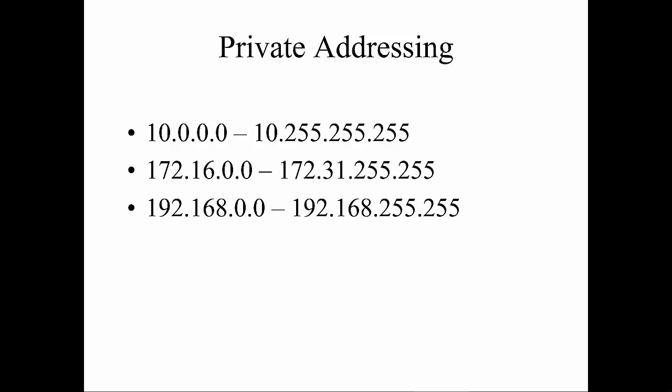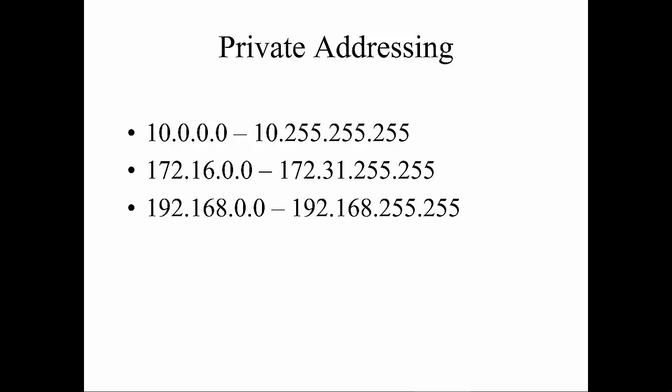In the class B range, anything in 172.16.0.0 through 172.31.255.255, those are all private addresses set aside in the class B range. In the class C range, that's 192.168.0.0 through 192.168.255.255.